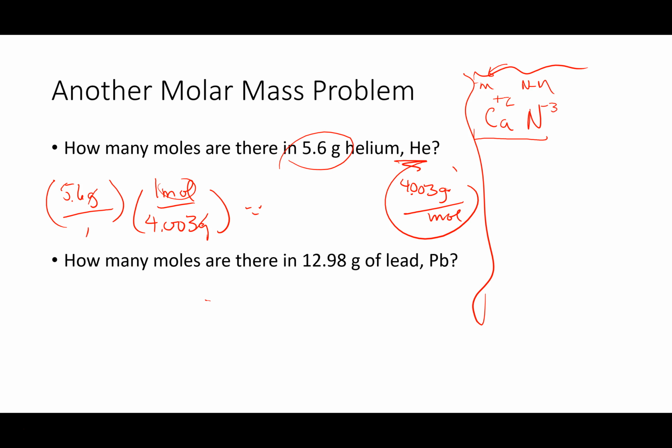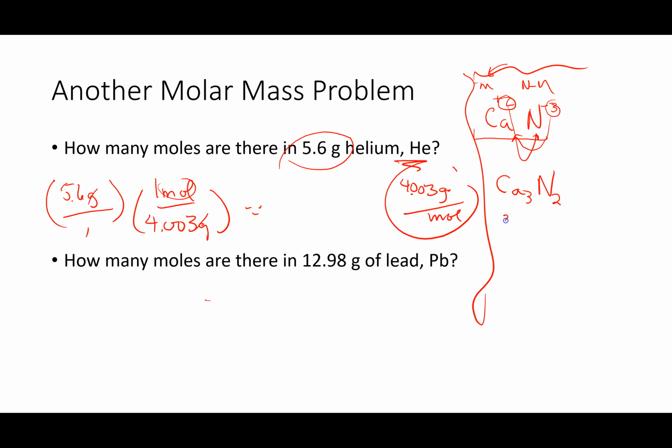And I called it crisscross before. So the number of calciums I need is going to be the number of the charge on the nitrogen. So I'm going to do 3 calciums. The number of nitrogens I need is the number of the charge on the calcium. So I need 2. There you go. So that's crisscrossing. So that would be what I call the neutral formula unit.